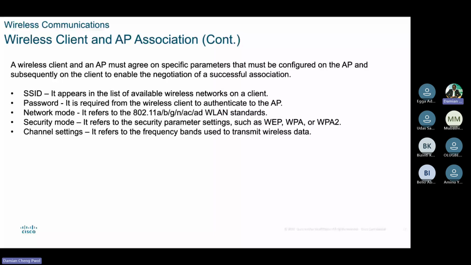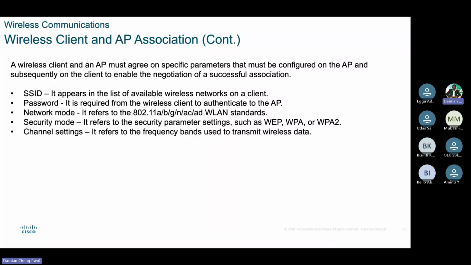If you look at all these generations, you see it has improved in terms of speed and in terms of security. The same goes with 802.11. It's from A, B, G, and AC. Improvement in terms of security: WEP, WPA, WPA2. We're going to look at this later.